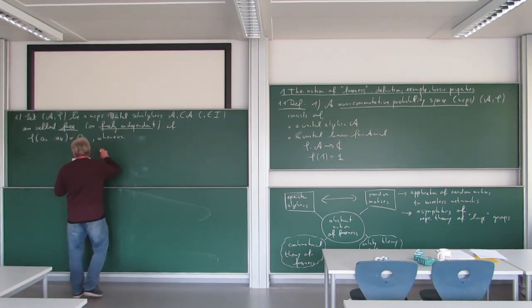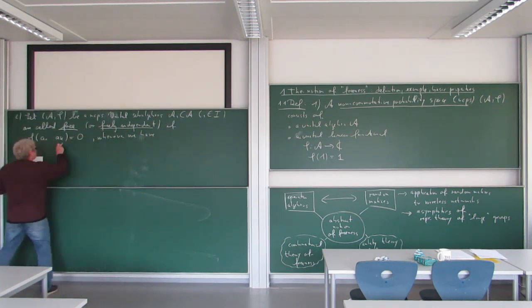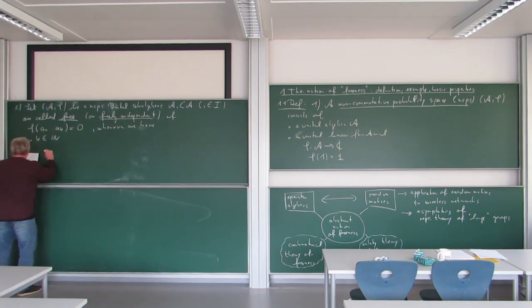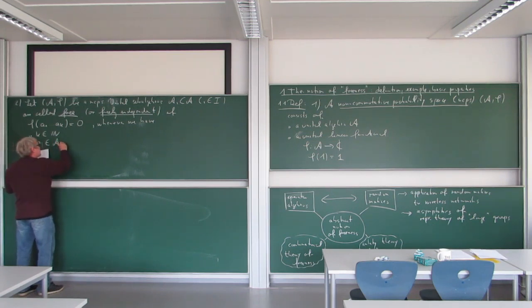Whenever we have the following. I take a product of k terms, where k is a natural number, 1, 2, and so on. And then I'm looking at products where each factor comes from one of the subalgebras. I want each a_j to be in one of those subalgebras, let's say in the subalgebra A_{i(j)}.